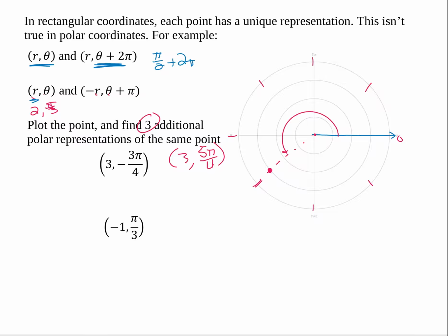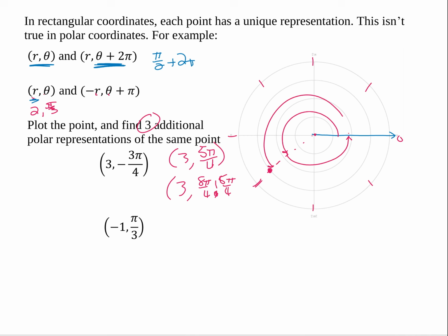So now, what if I did something different and I went around the entire circle twice? So it would still be a radius of 3. And now I'm going around fully 2 pi plus this angle right here, which is another 5 pi over 4. So 2 pi turns into 8 pi over 4, plus 5 pi over 4.